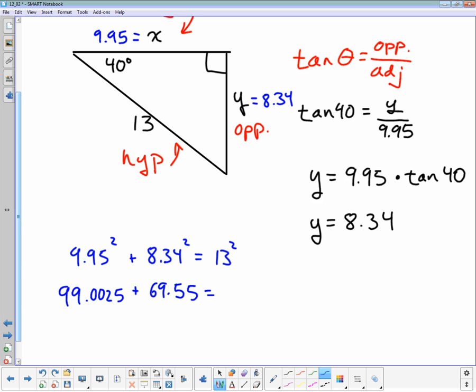Okay, and add all that up, and what do you get? You should be getting 167.5525.